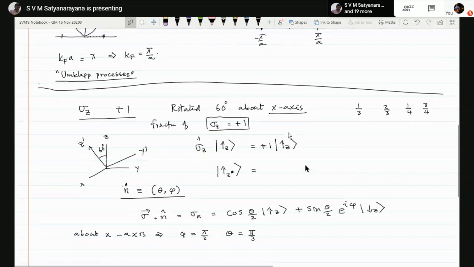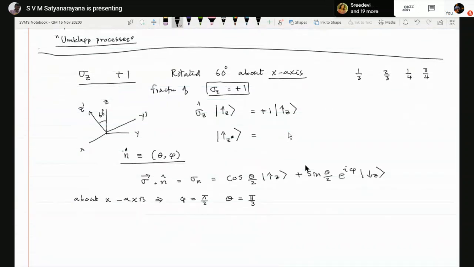Now you can write down for sigma n, let's say this is the up n in that direction, which is an eigenfunction of sigma dot n. So in our case, we have this n cap defined by theta equal to pi by 3 and phi equal to pi by 2.